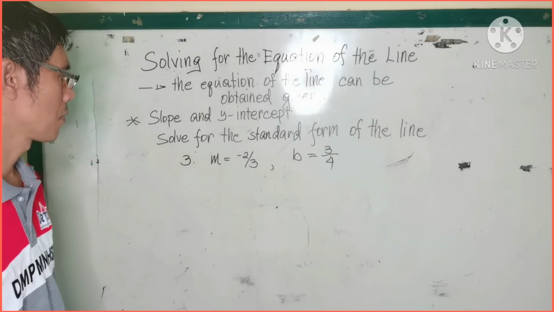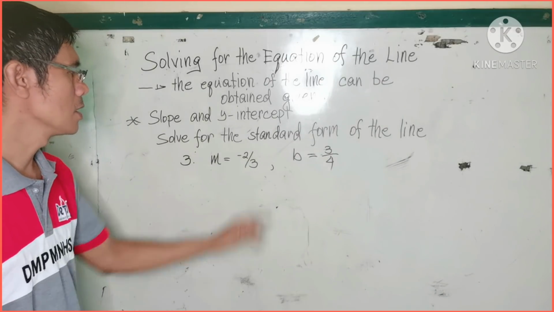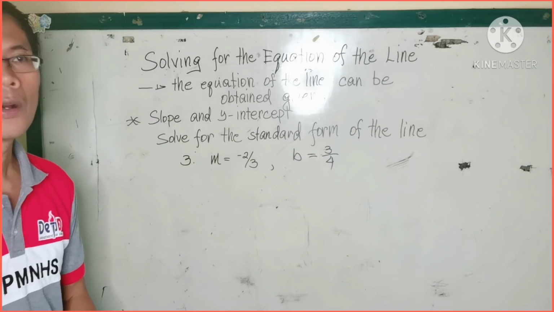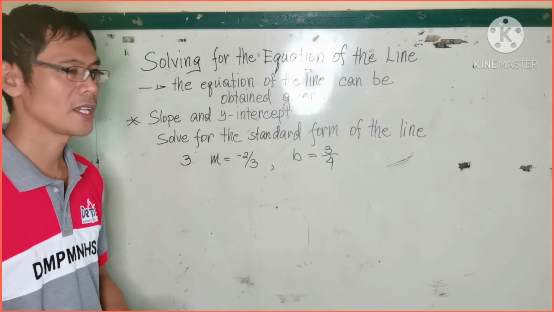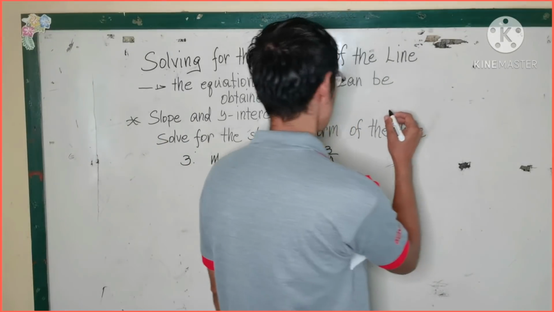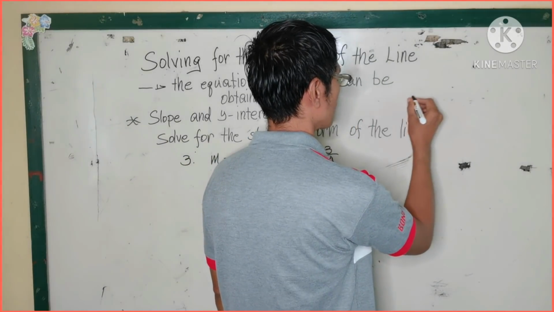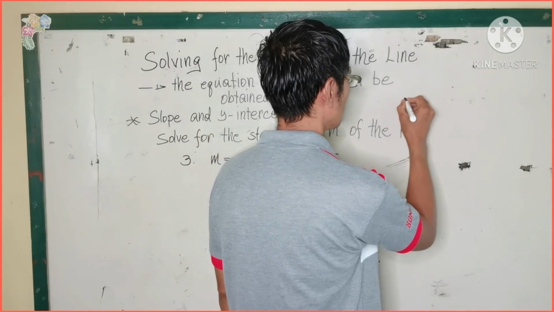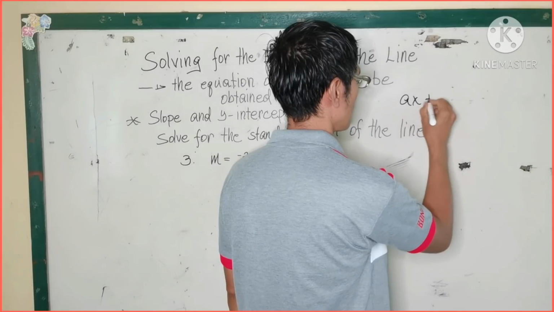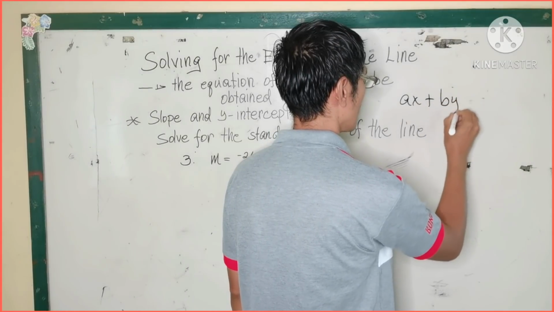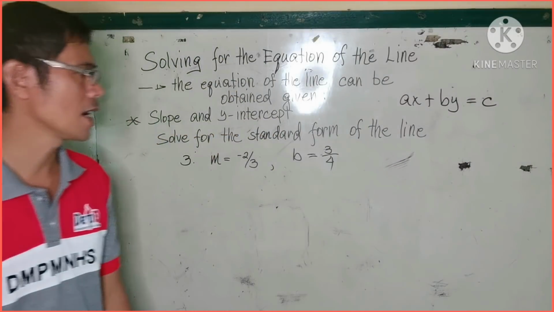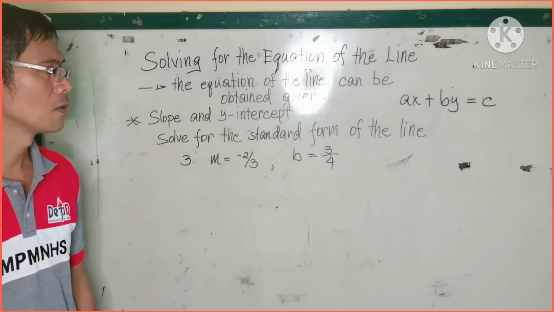Look, standard form. So again, we have to recall what is the standard form of the equation of the line. The standard form is ax plus by equals c.